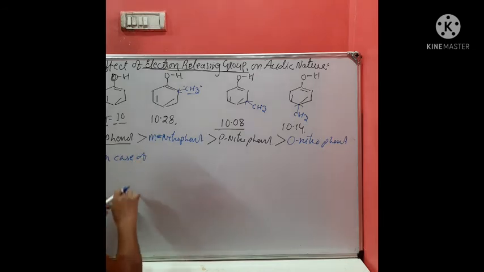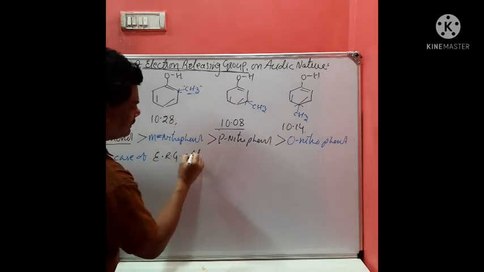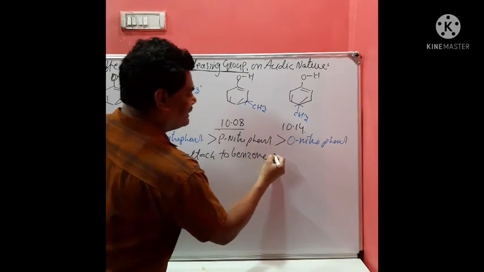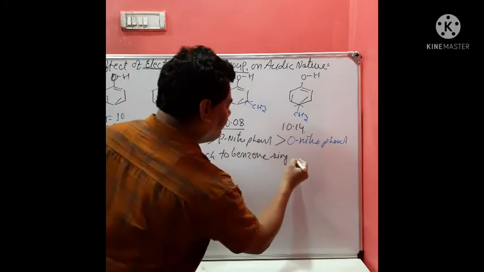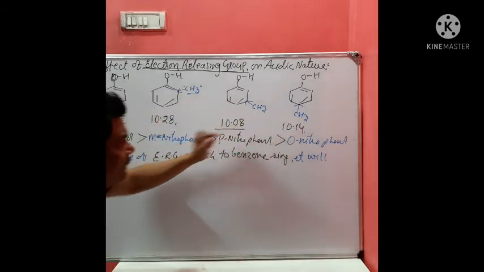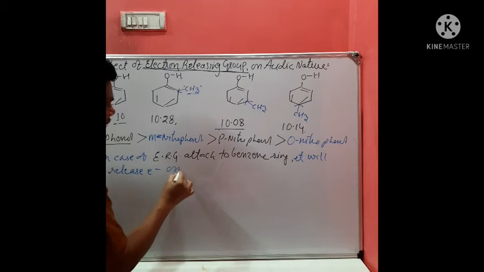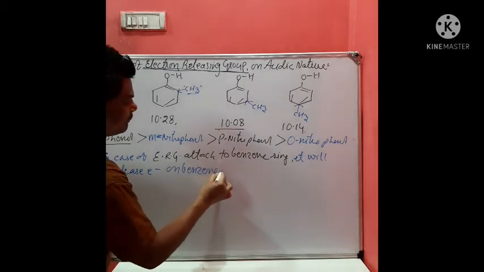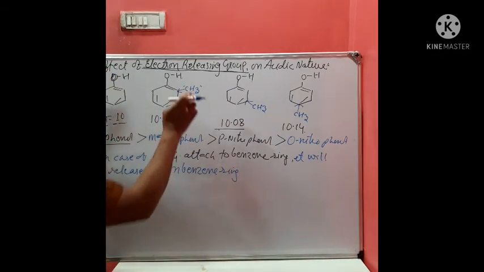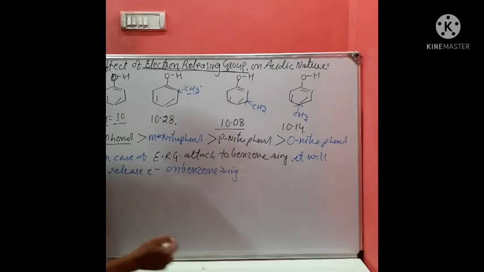In case of an electron releasing group attached to the benzene ring, this electron releasing group will release electrons on the benzene ring. Now if the electron releasing group releases electrons on the benzene ring, then the benzene ring will become electron efficient.